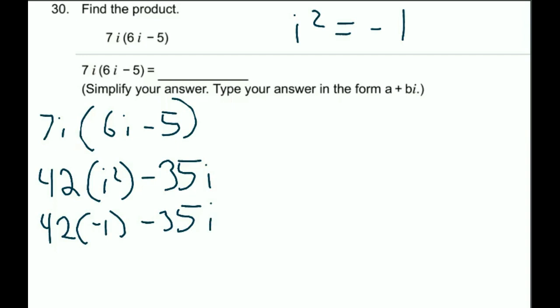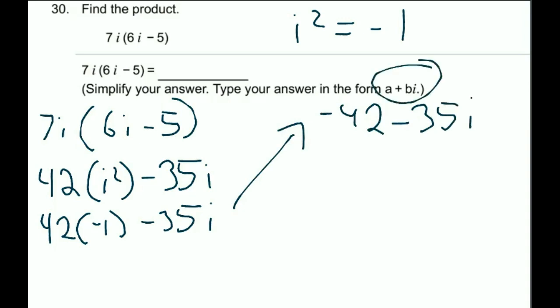But anyway, so there we go. And so that ends up being negative 42 minus 35i. And notice we are in the correct form here. So that's our answer right there.